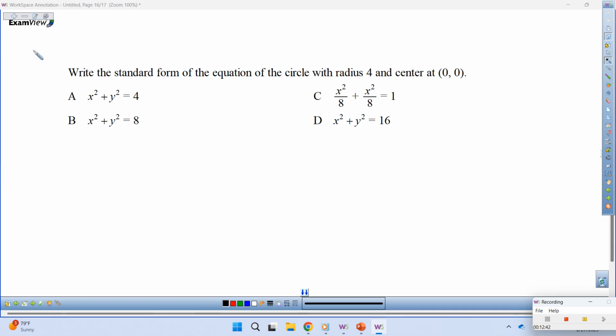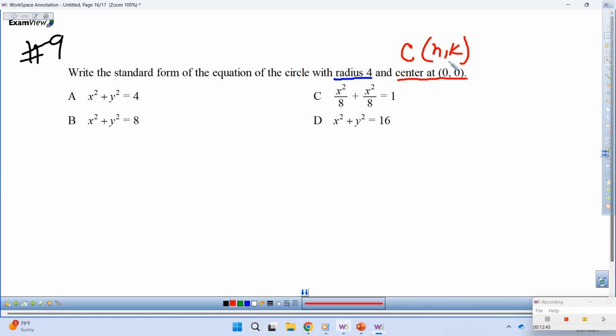All right, this is number 9. It says, write the standard form equation of the circle with radius 4 and center (0, 0). So write that down on your paper. And once again, right above the center, remember to write C, h, and k to remind you what is what.